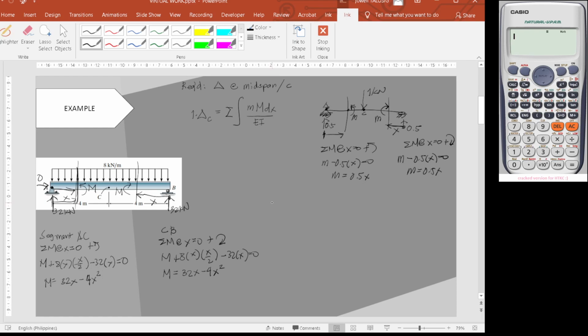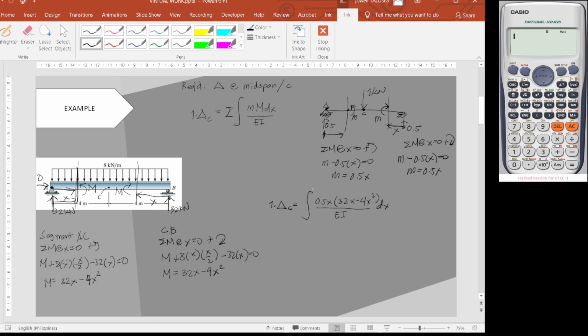Using the formula, 1 kilonewton times delta C is equal to the summation. First, segment AB: m of segment AB is 0.5x times the capital M for segment AC, which is 32x minus 4x squared, over EI, don't forget the dx.